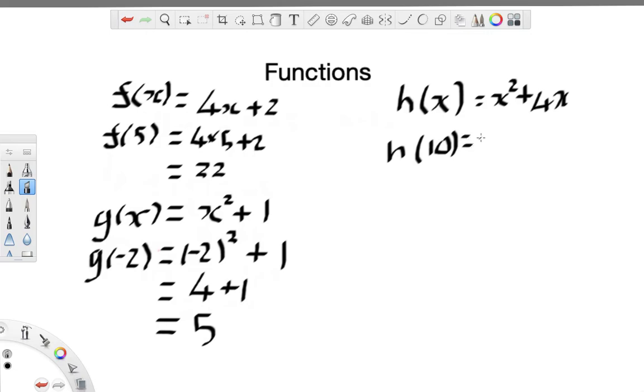So then we'd be left with 10 squared plus 4 times 10. 10 squared is, of course, 100. So we'd have 100 plus 40. 100 plus 40 is just obviously 140.